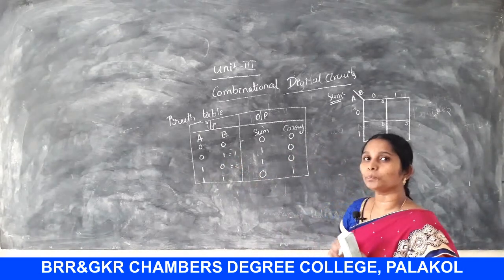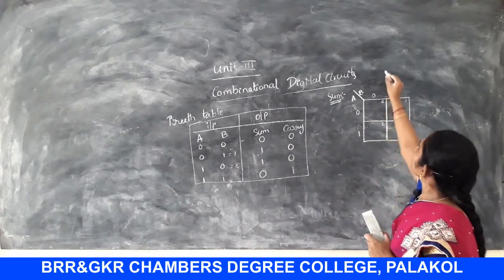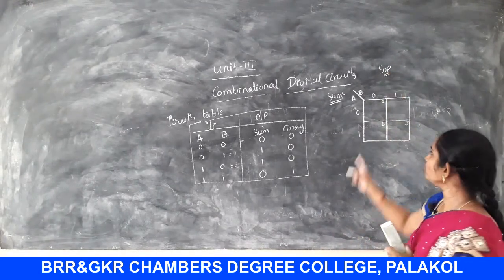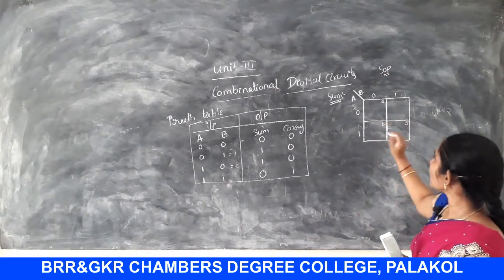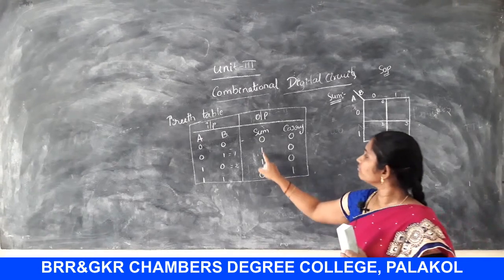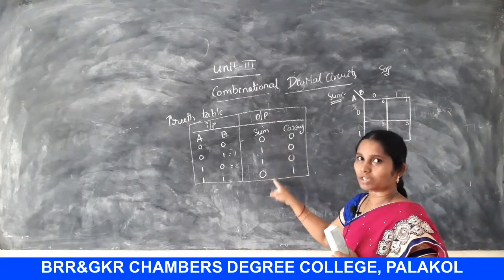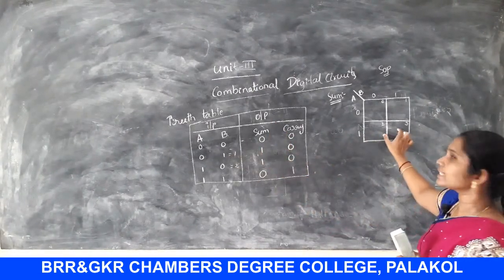So in places 1 and 2 we have to put the value 1. That means I am using the SOP form, where the cells are filled with 1. We have to put these ones in these cells.